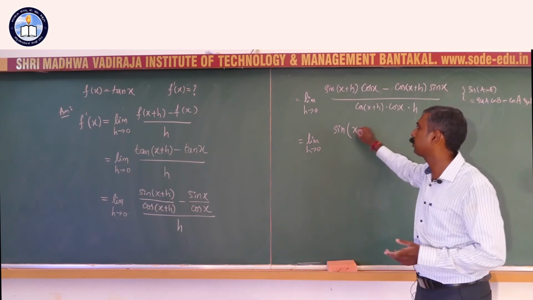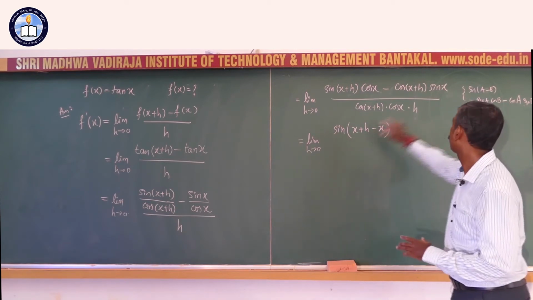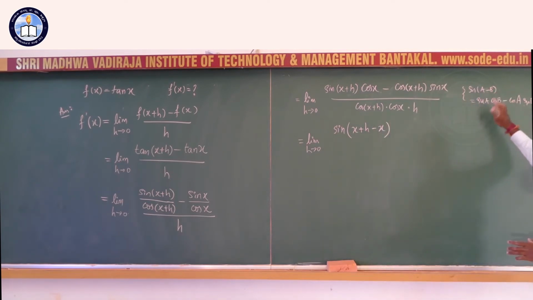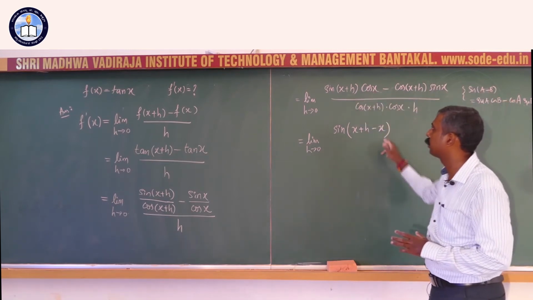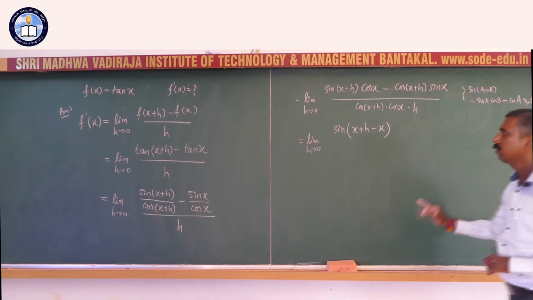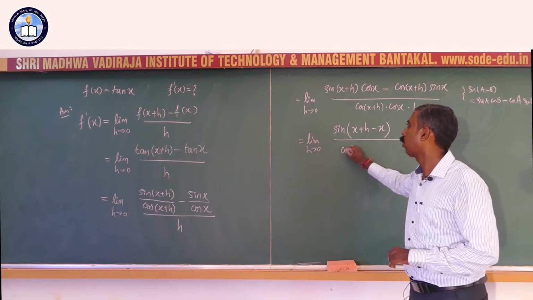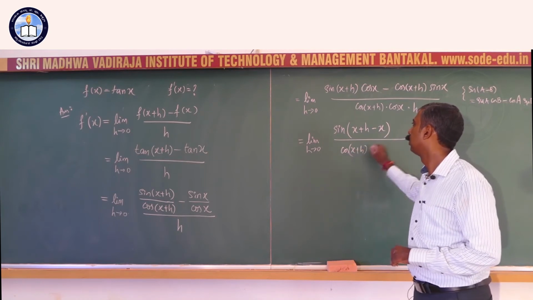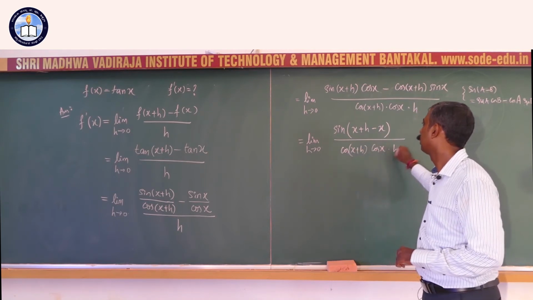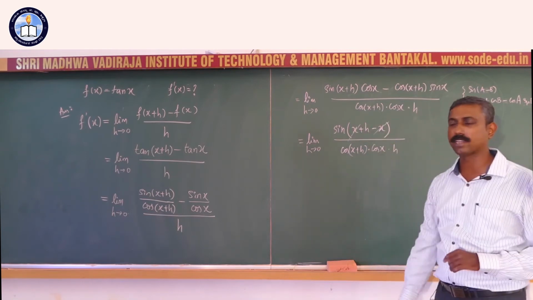So this becomes automatically x plus h minus x. So a minus b, where this is a and this is b. So now the formula is correct. So previously what I had written is slightly wrong. So you get sine of x plus h minus x divided by cos of x plus h into cos x into h. x cancels.